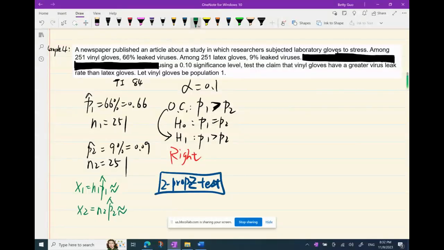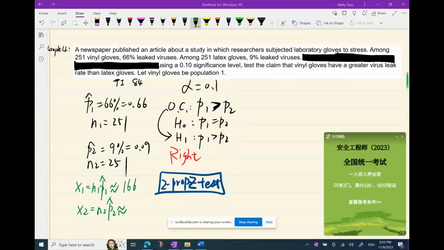Let's go to Stat, Tests, number 6. x1 is 251 times 0.66. So you can see it's 165.66, right? You have to round it up to 166. Otherwise, it will show you an error. n1 is 251. x2: do the two samples have the same size?